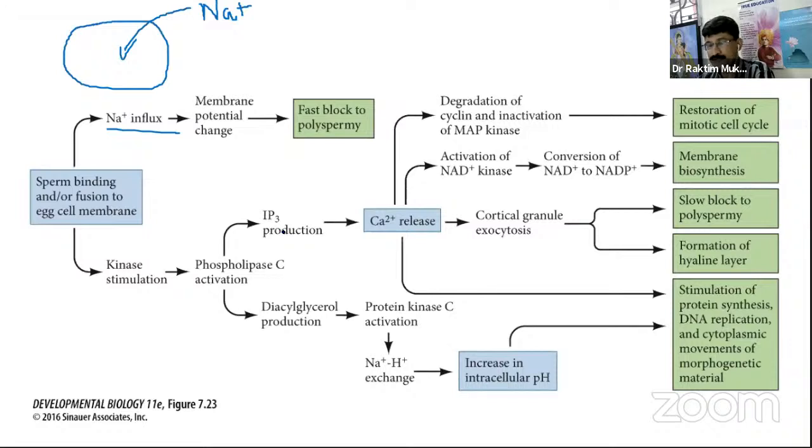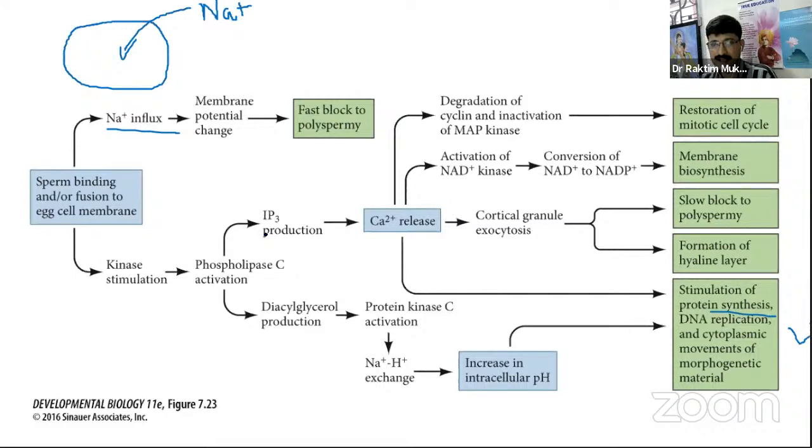Inositol triphosphate will mobilize calcium, and diacylglycerol will activate protein kinase C, PKC. Protein kinase C activation leads to sodium and hydrogen exchange. Because of the sodium dependent hydrogen exchange, there is an increase in intracellular pH. Once the pH increases, it will stimulate protein synthesis, DNA replication, cytoplasmic movement, and morphogenetic material.